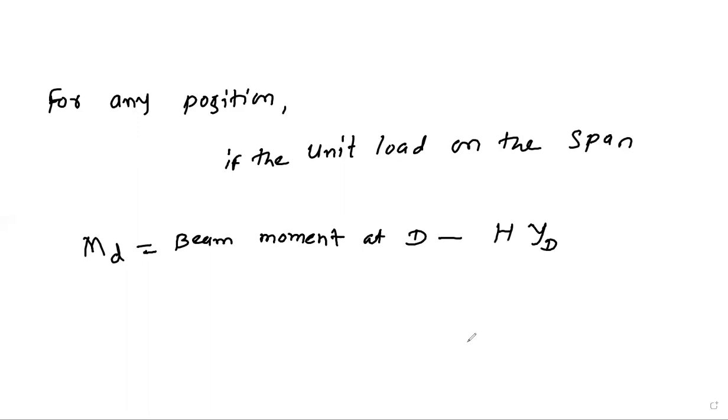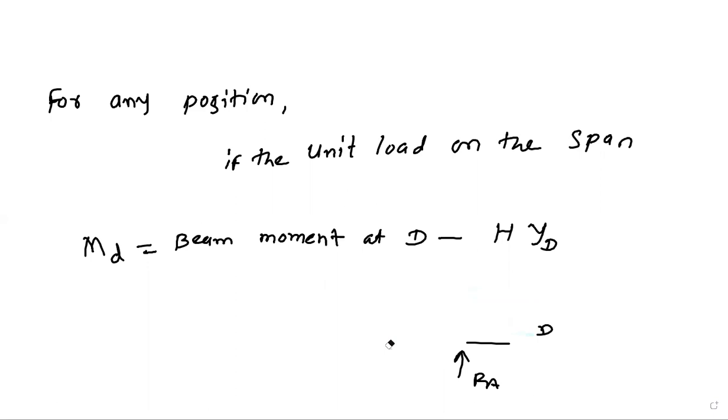As you know, we have taken the moment about point D. So there is RA, there is H. Vertical distance is your YD. Horizontal distance is your 5 meter. Right? So RA into 5 minus H into YD. That is the equation.